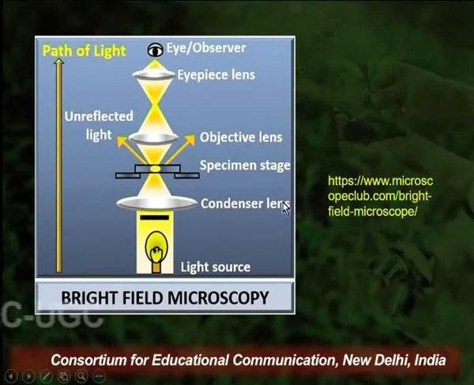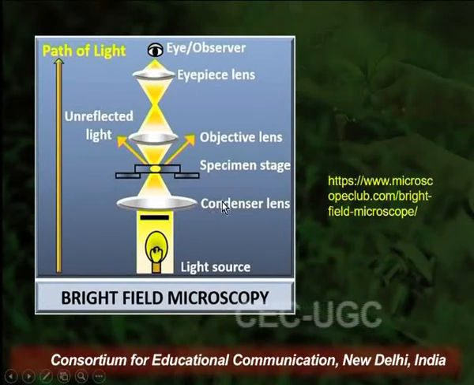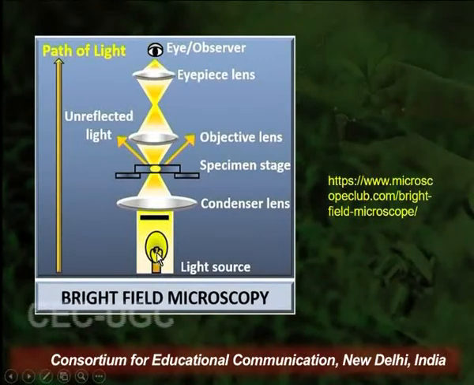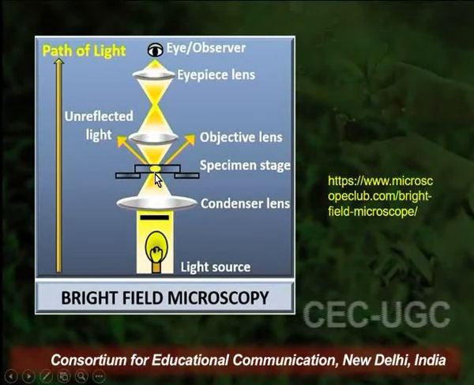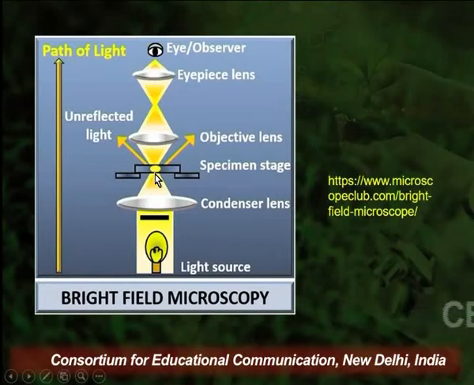The first set of lens, which is closest to the light source, happens to be the condenser lens. The condenser lens focuses the parallel illuminating visible light beam towards the specimen which is kept on the specimen stage.